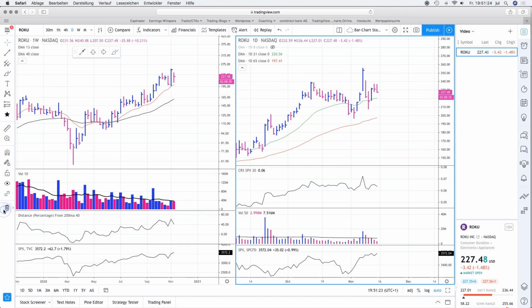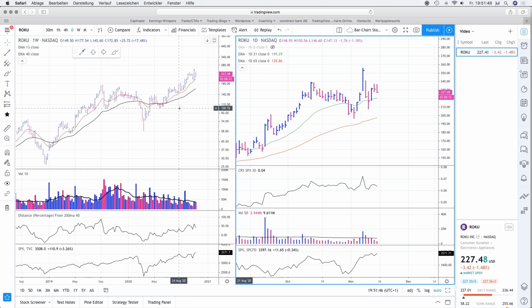I always try to hold my positions as long as possible, until Friday, when I see the close in the weekly chart, when I have a profit cushion in the stock. And that is the case currently with Roku, and I give it some room to prove itself.